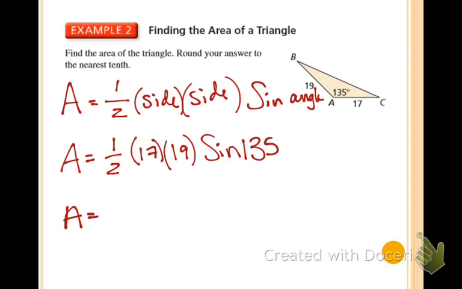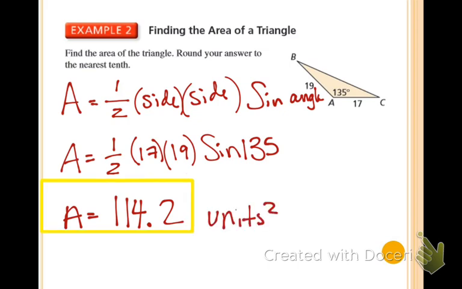It tells us to round to the nearest tenth. So 1/2 times 17, times 19, times sine of 135. 114.2. And this is units squared, technically, because we just found the area of this triangle.